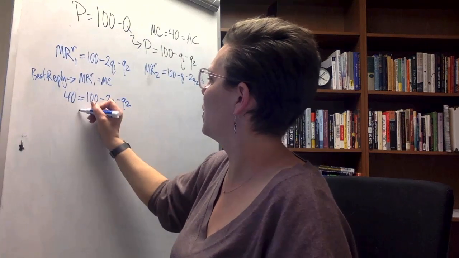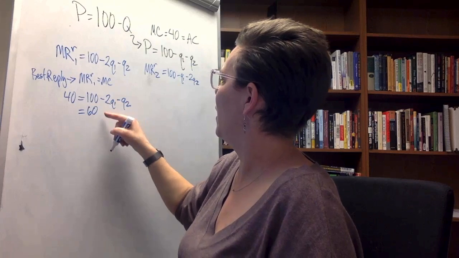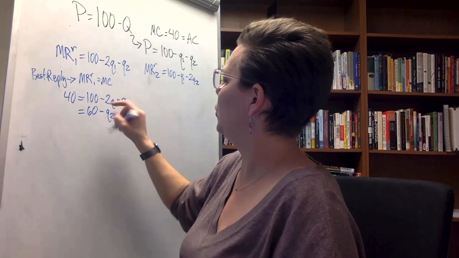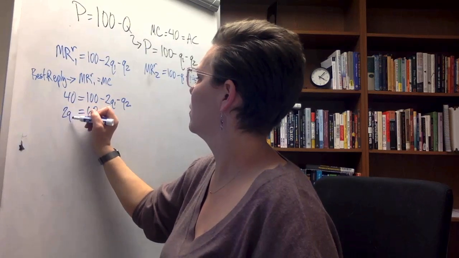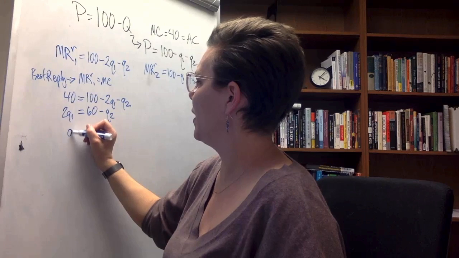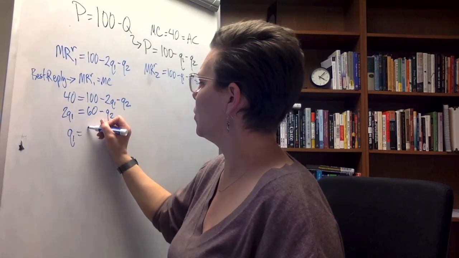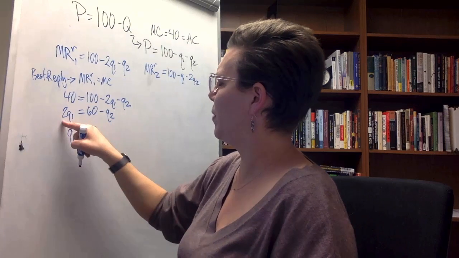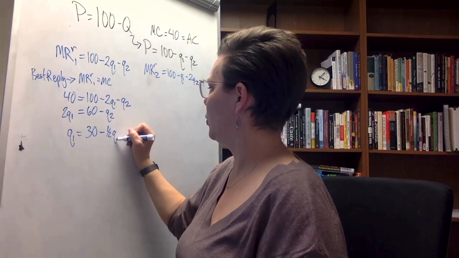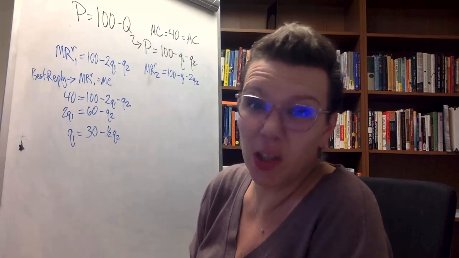Subtract 40 from both sides, and we get 60. And then we're going to leave the Q2 and add 2Q1 to both sides. Now we're going to divide both sides by 2, and we get our best response function. Q1 equals 60 divided by 2 is 30, minus 1/2 Q2 or 0.5 Q2. I know I'm going through it quickly.